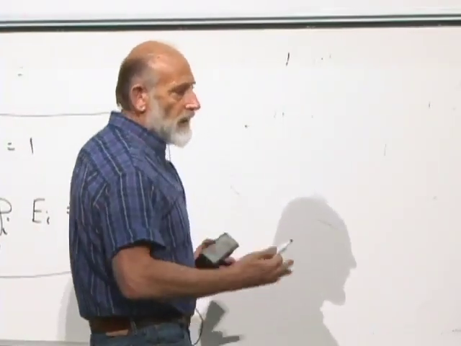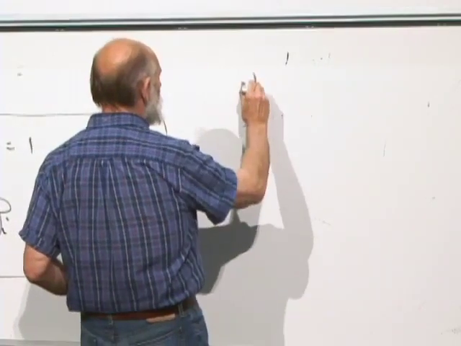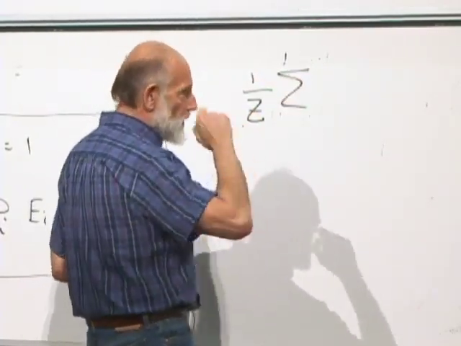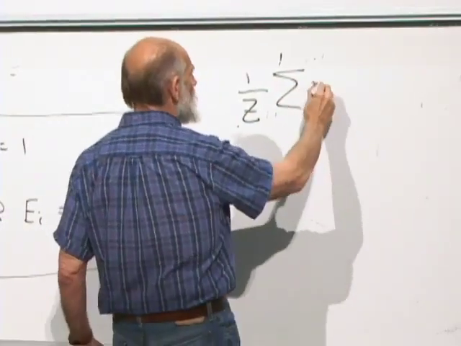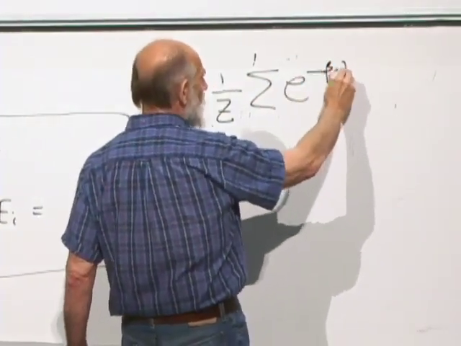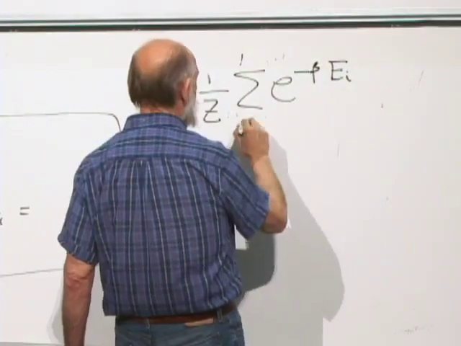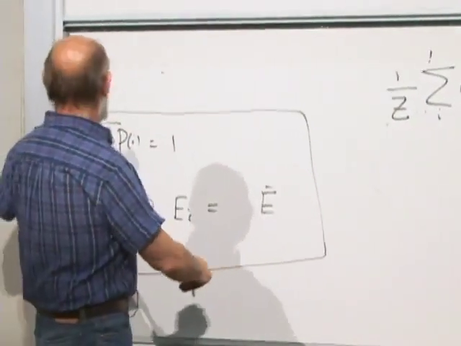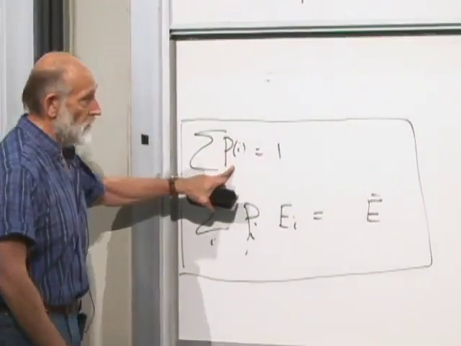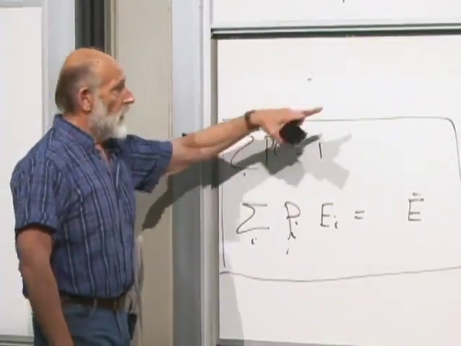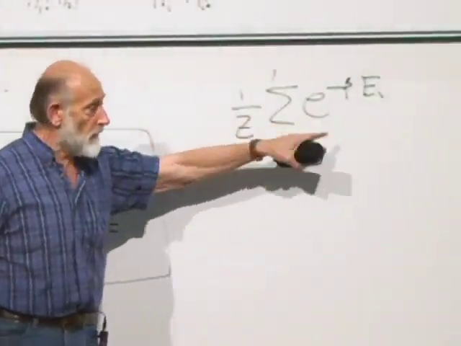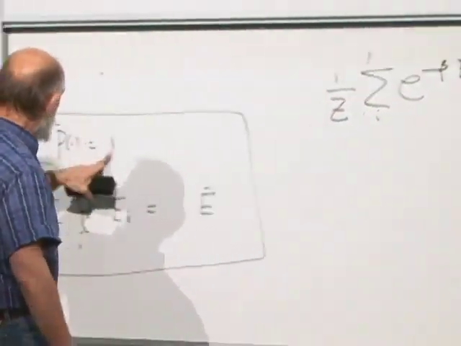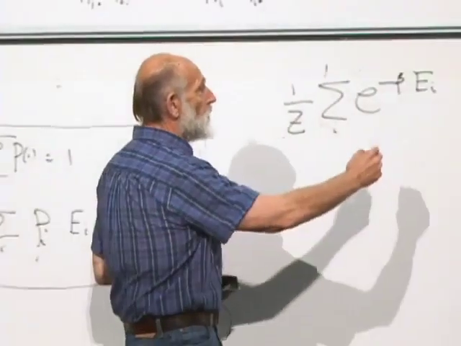The probability of the jth state is 1 divided by Z. And now we want the sum over all the states, e to the minus beta, I'll now use the E sub I. This is the sum of p sub I. I factored out the 1 over Z from all of the terms, e to the minus beta E sub I, and the total probability has to add up to 1.